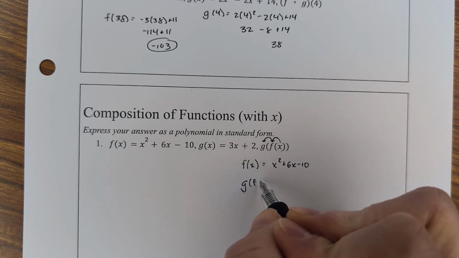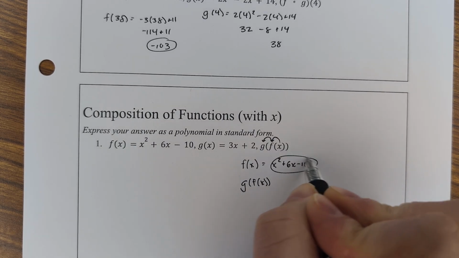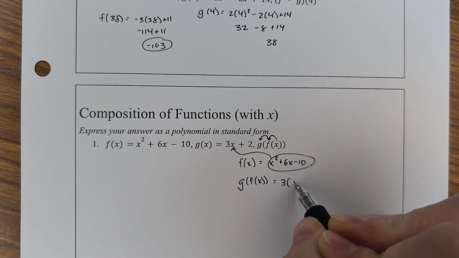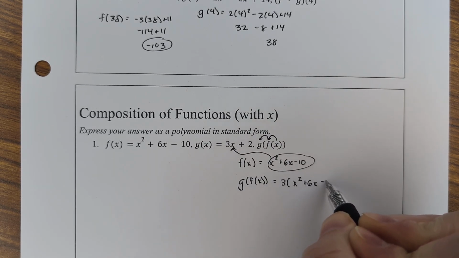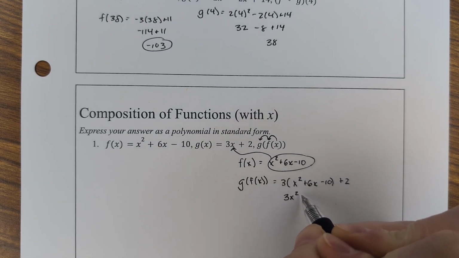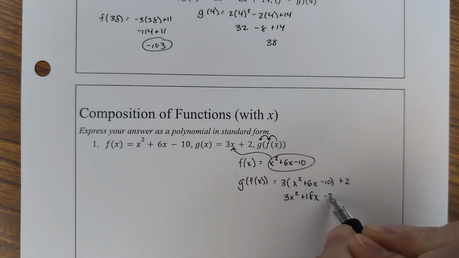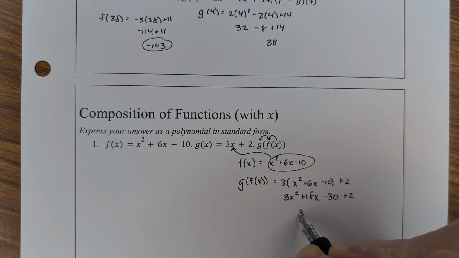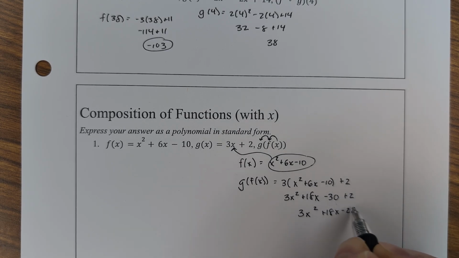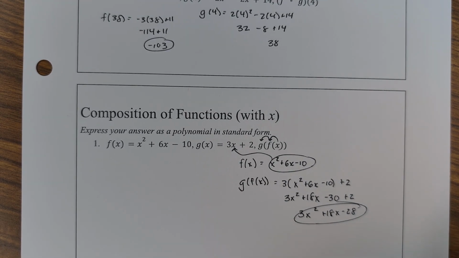So g of f of x means take all of that in for that x. So 3 times x squared plus 6x minus 10, plus 2. Distribute: 3x squared plus 18x minus 30 plus 2, and then combine like terms. 3x squared plus 18x minus 28 would be your answer.